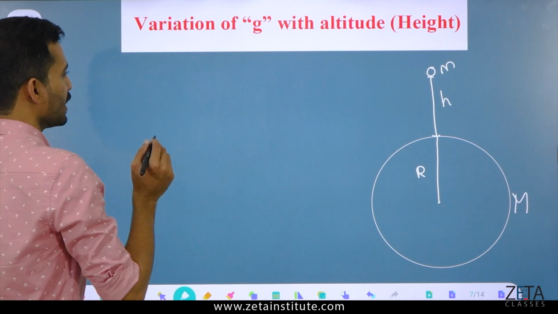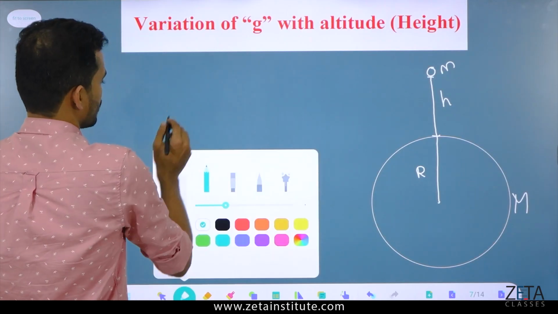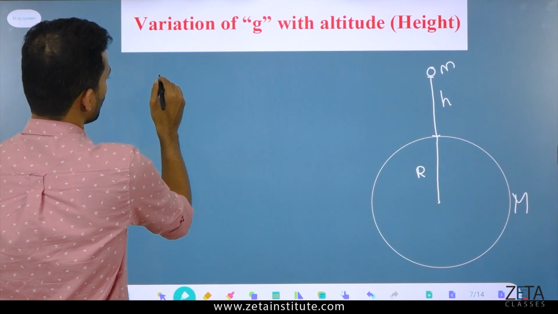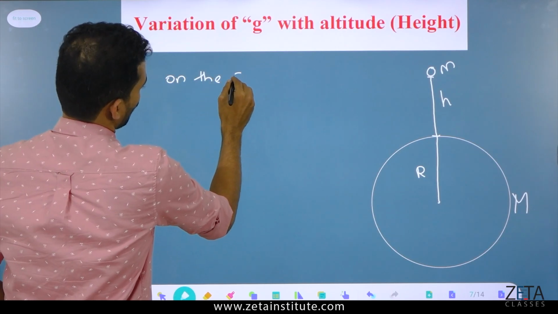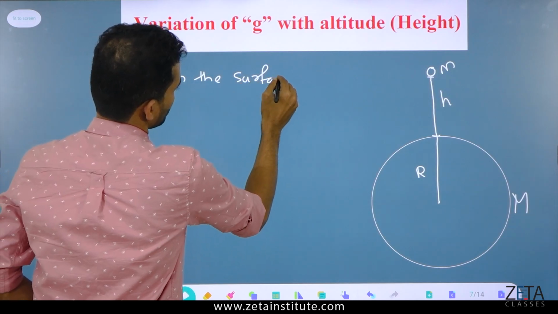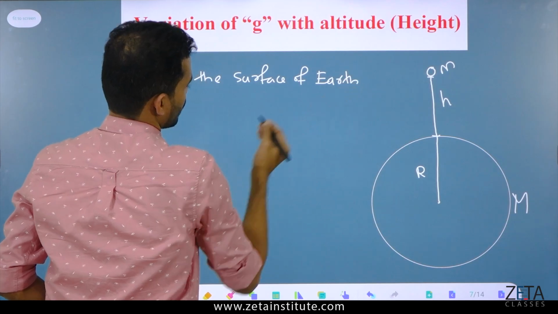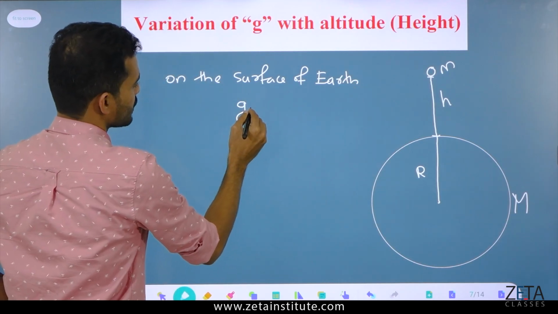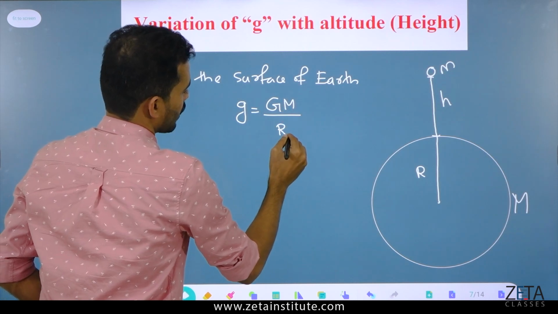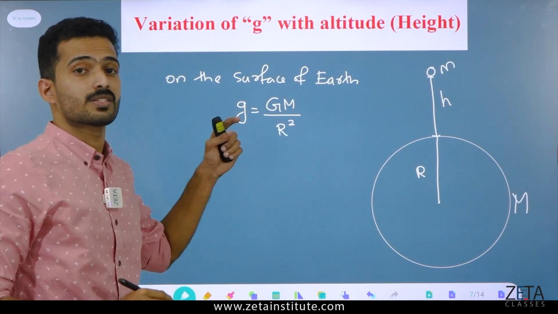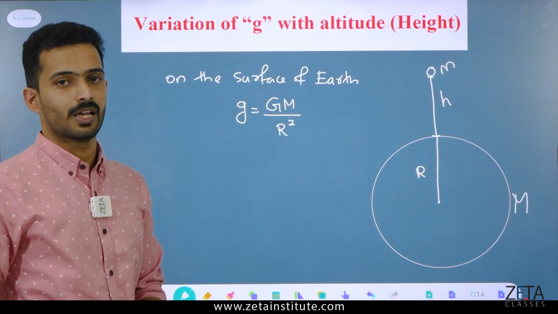First of all, to obtain the equation, we know that the value of acceleration due to gravity on the surface of earth is given by g is equal to GM divided by r square.